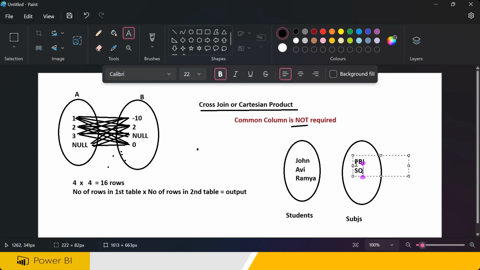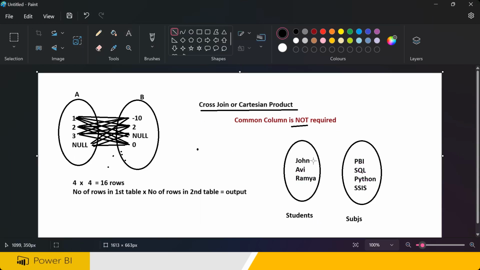Power BI you have taken, SQL you have taken, let us say Python you have taken, like that. SSIS also. I want to know what the marks are for John in Power BI, what the marks are for SQL in John. Like that, you want to know John's Python marks, Power BI marks, SSIS marks, Avinash's Power BI marks, SQL marks, Python marks, SSIS marks, Ramya.